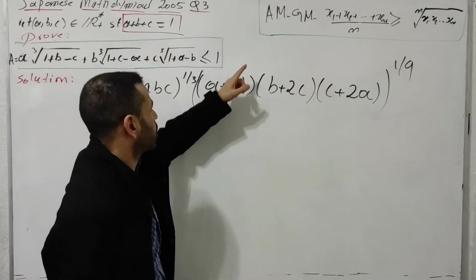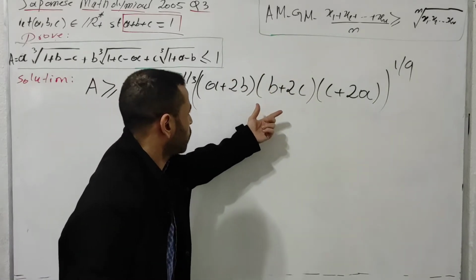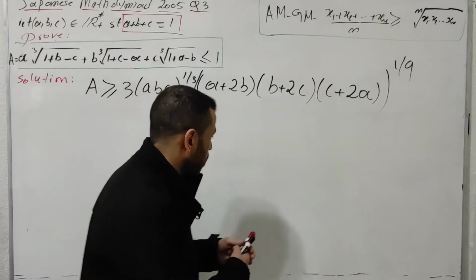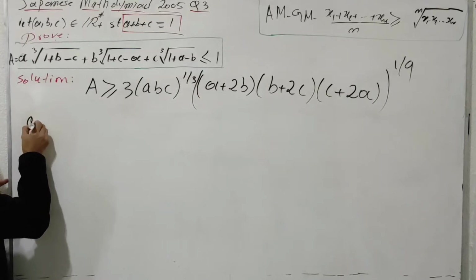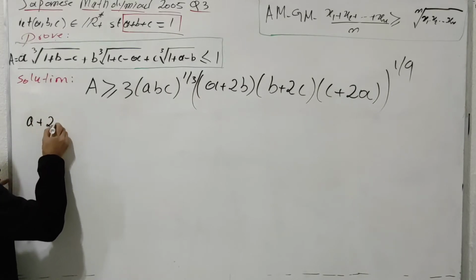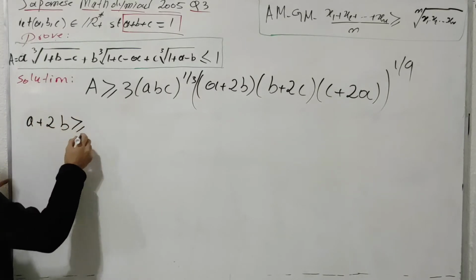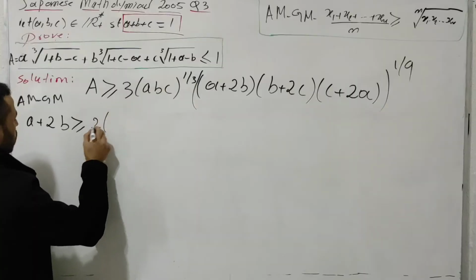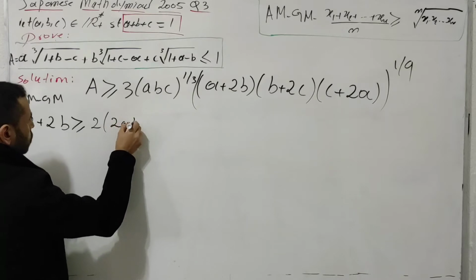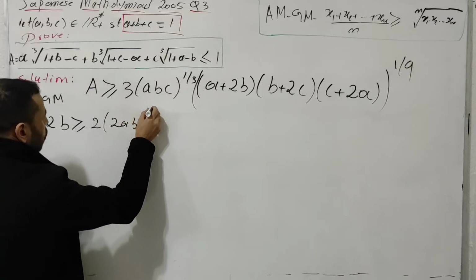Okay, let's apply this theorem on every individual term in this product. Let's take the first term. So we'll have a plus 2b, by applying AM-GM since I have two terms here, is greater than or equal to 2 times the product, 2ab to the 1 over 2.